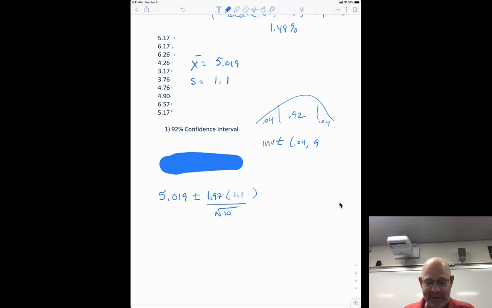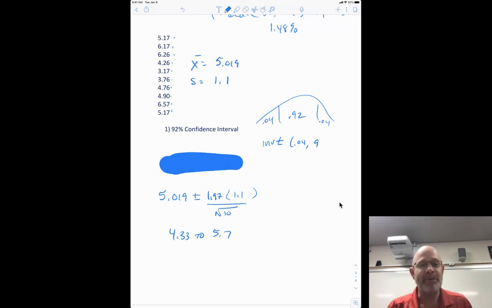Then it's just going to ask me for frequencies, leave that alone. And then the confidence level is 0.92, right? And then we just hit calculate. It's going to do all the math for me. It's going to tell me the endpoints 4.33 to 5.7.